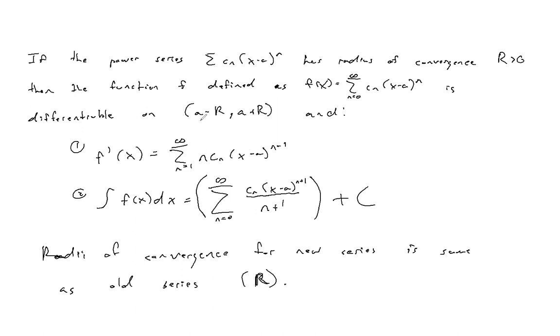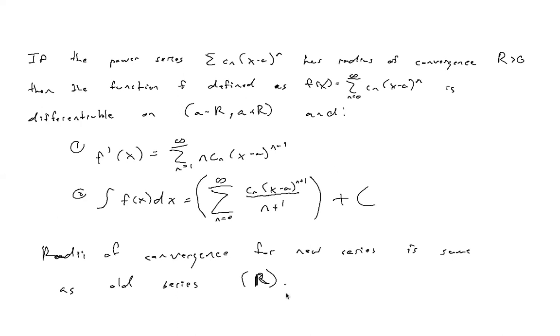I still need to check the endpoints. All my statements are just about what's going on in this interval with parentheses on both sides. Maybe this series is actually convergent on the closed interval, but we always deal with these open intervals with parentheses.